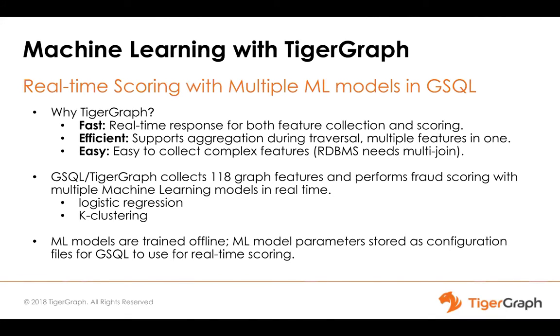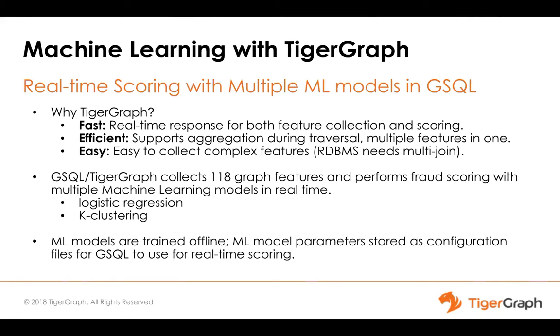When you do the graph traversal, we provide ways to aggregate information, so we can collect multiple features in just one traversal. And it's also easy. We can build very complex features. Those features in a relational database might require multiple joins, but here it's just multiple-hop traversal, and we can get the features in a really fast way.